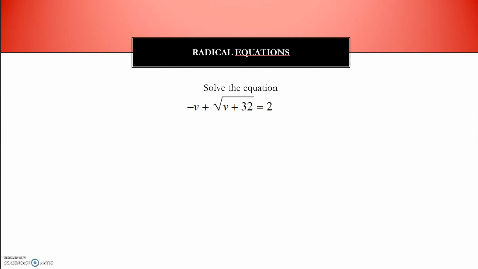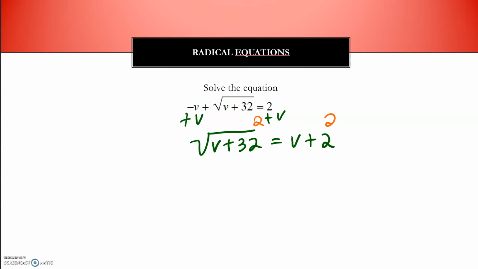All right, this one, same thing, we'll do it together. So we've got the v, so we'll add v to each side, and you'll notice whenever I do this, I tend to always write it in standard form, meaning the v is going to go in front of the 2, just to have it. Square both sides again, so I get v plus 32 equals v squared plus 4v plus 4.